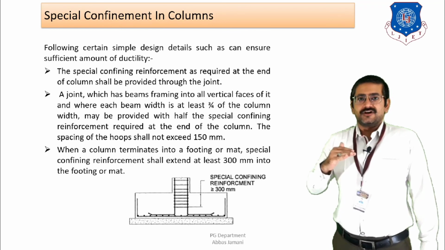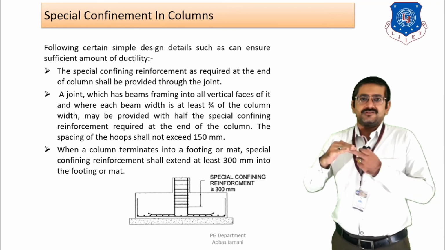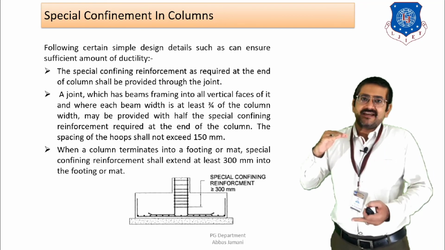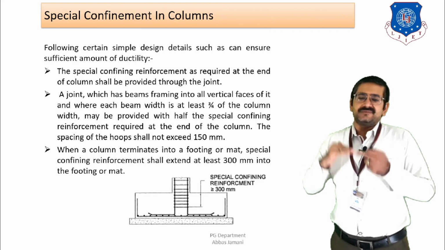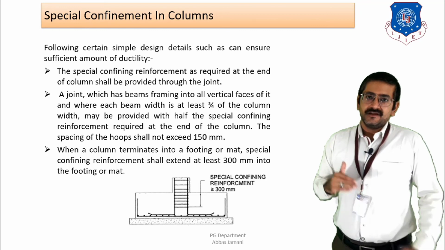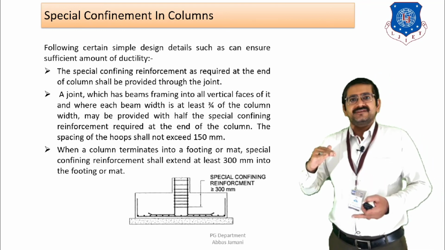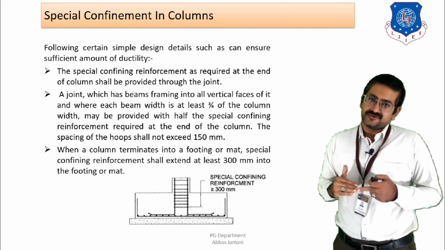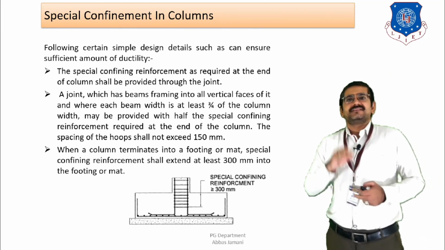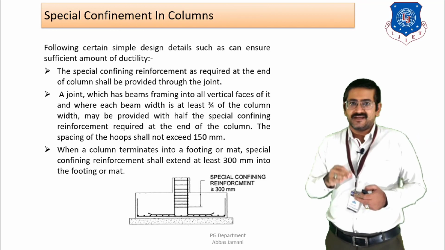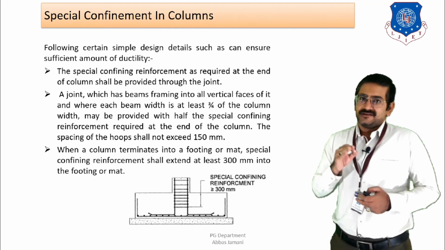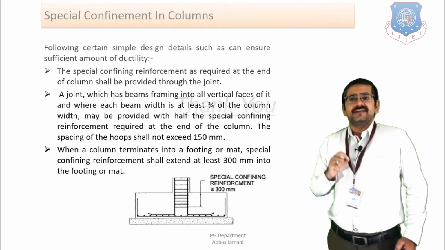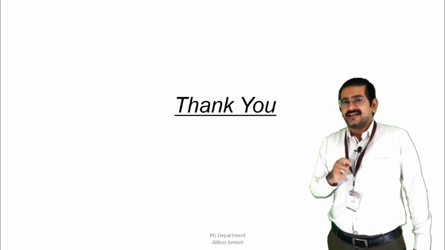So once the column is over and the footing starts, from that joint onwards until 300 mm below it, the special confining reinforcement shall be extended, where the minimum spacing of stirrup should be 75 mm and the maximum spacing should be 100 mm. At the same time, the diameter of bar should be minimum 8 mm, or as per the calculation given in IS 13920, right? These are all important guidelines for the ductile detailing of columns.